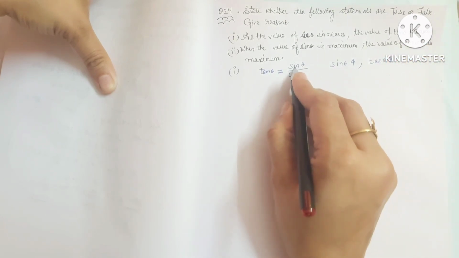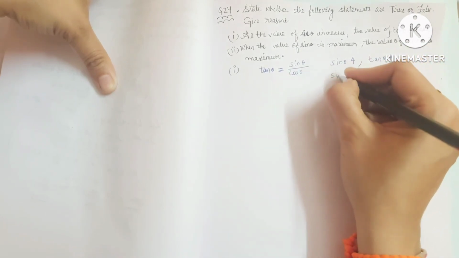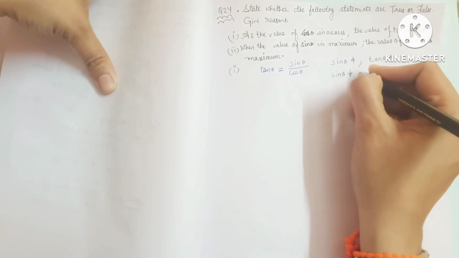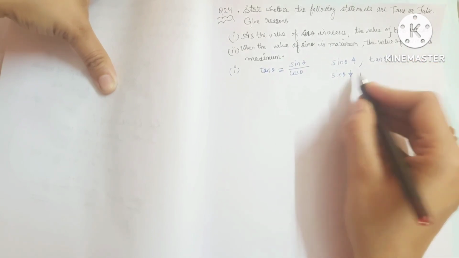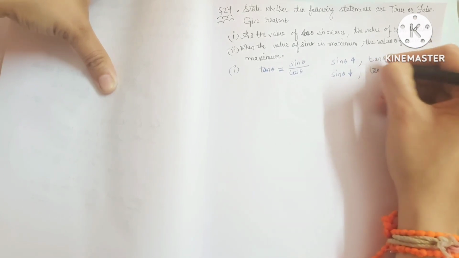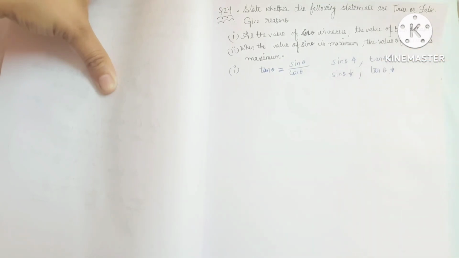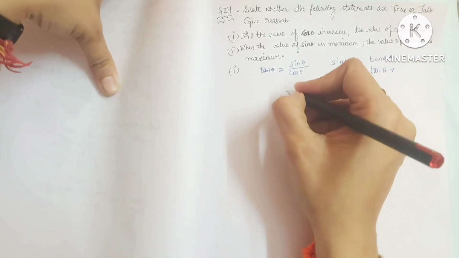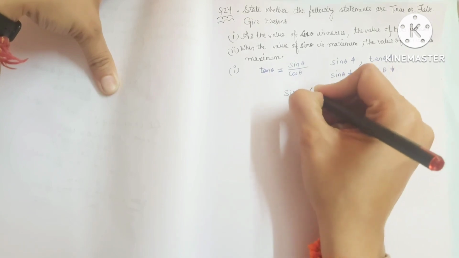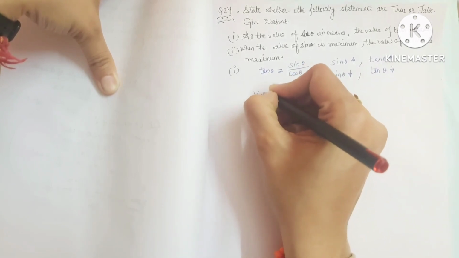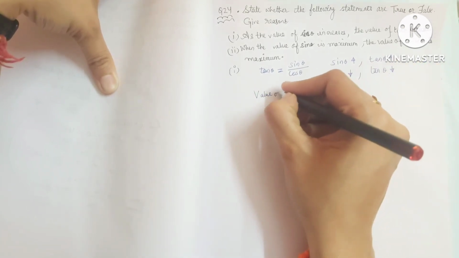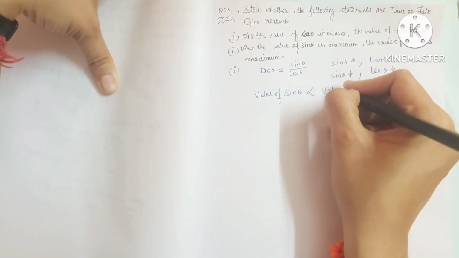This much we should be very clear about since we are in grade 10. So if sine theta decreases, at the same time tan theta will also decrease. This means the value of sine theta is directly proportional to the value of tan theta.